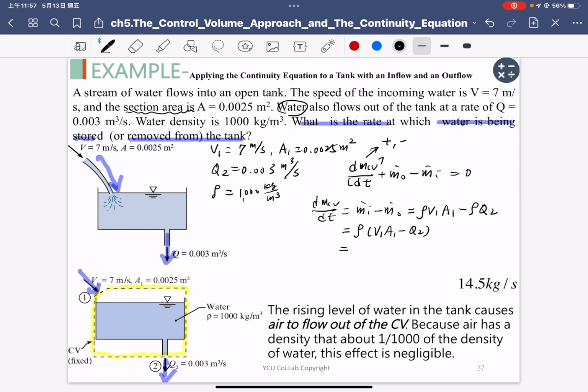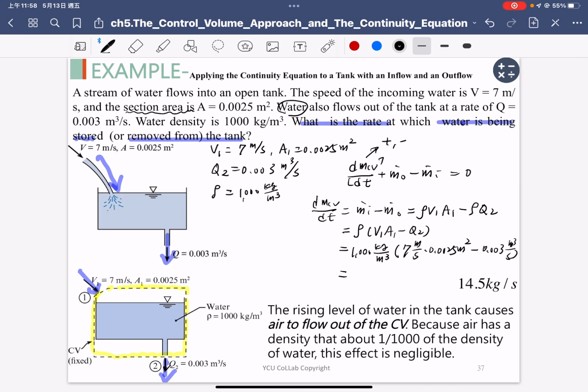So we put the numbers inside: density 1000 kilograms per cubic meter, multiplied by V1, 7 meters per second, multiplied by A1, 0.0025 square meters, and that will minus Q2, which is 0.003 cubic meters per second.